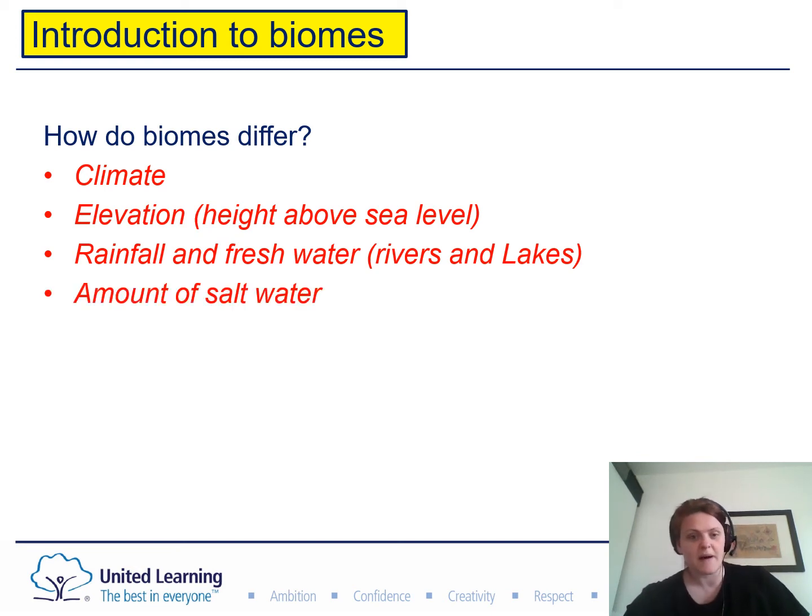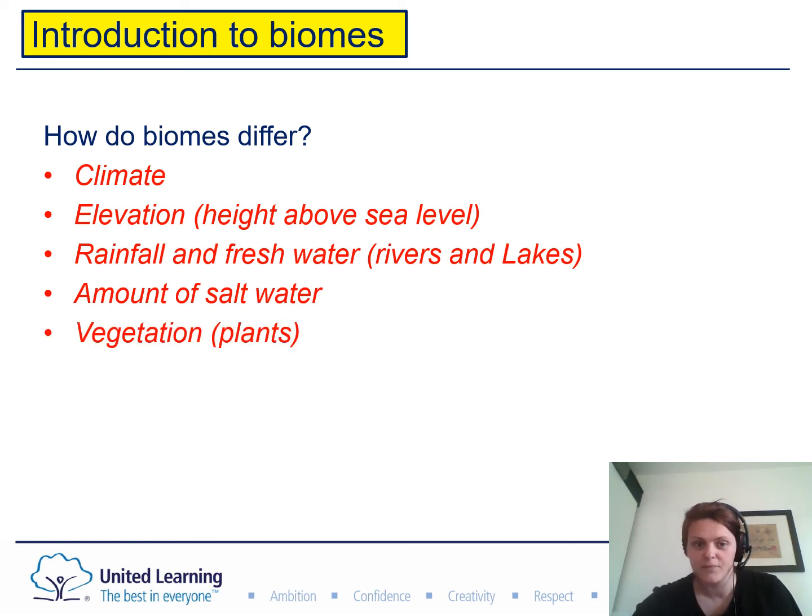Now that's a really interesting one, because that again will determine what sort of animals they have in this biome, the sort of plants they have, vegetation, the different types of plants they have in these biomes, how are they different, and again the types of animals and other wildlife that is found there.